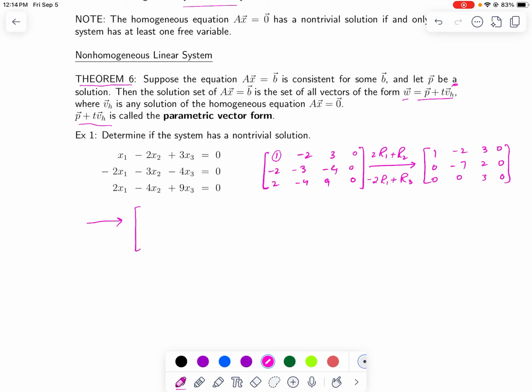Now, if we go by our rule, we will now multiply row 2 by 1 over 7.